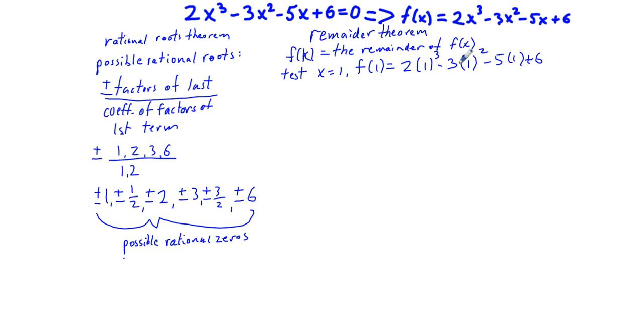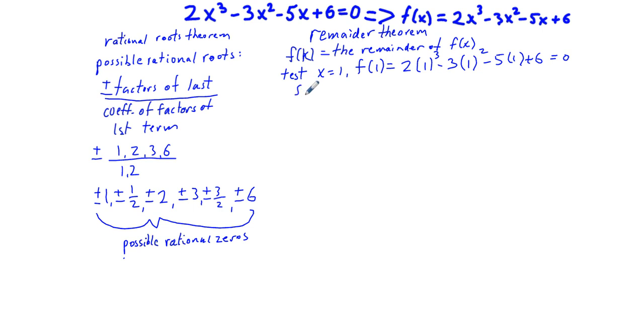And so we have 2 minus 3. Well, 2 minus 3 is negative 1. Negative 1 minus 5 is negative 6. Negative 6 plus 6 equals 0.